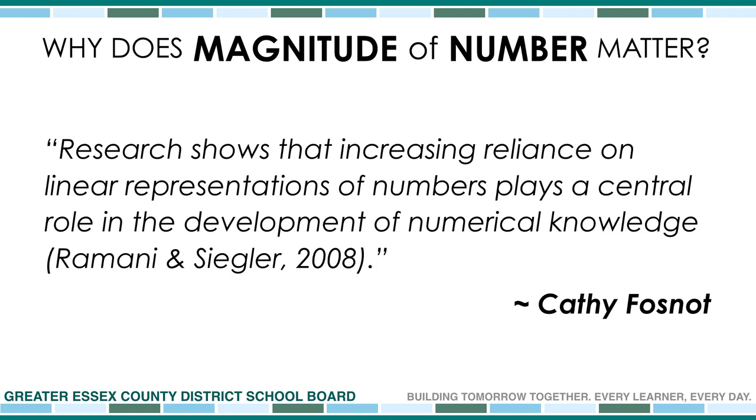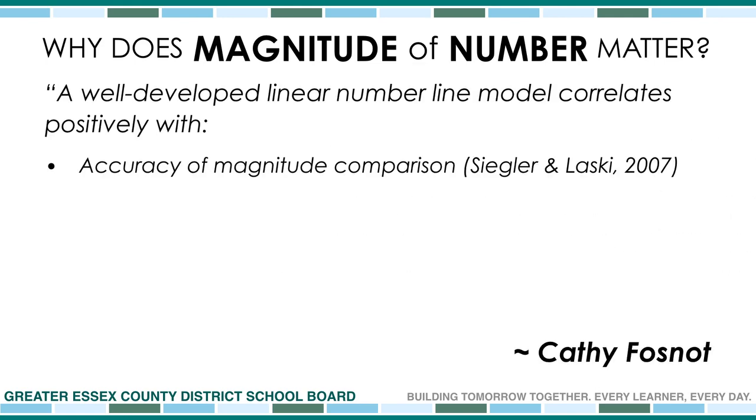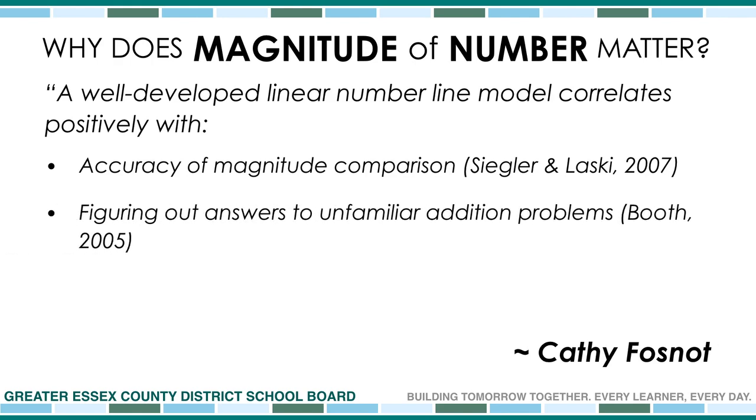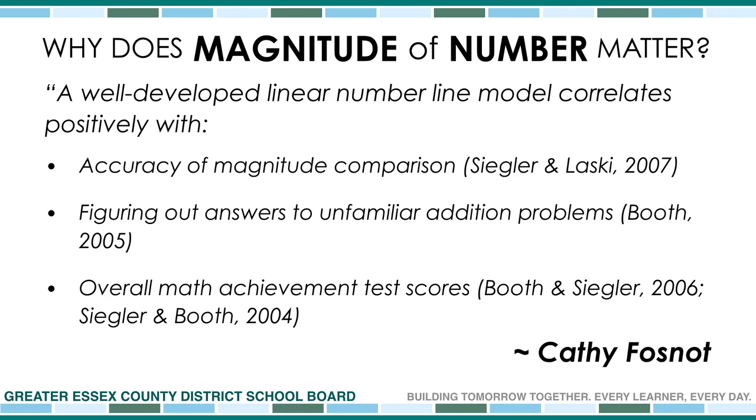And in fact, Kathy Fosnot, an educator and researcher of how children learn mathematics, goes on to explain that developing our understanding of magnitude of number using linear number line models correlates positively with accuracy of magnitude comparison, like when students must determine how much more or how much less one quantity is than another, or figuring out answers to unfamiliar addition problems, and overall math achievement test scores.